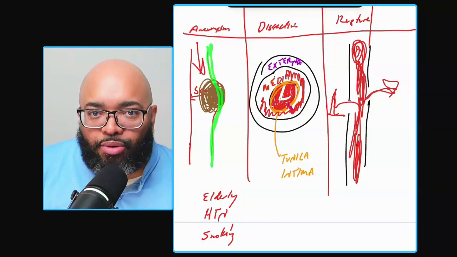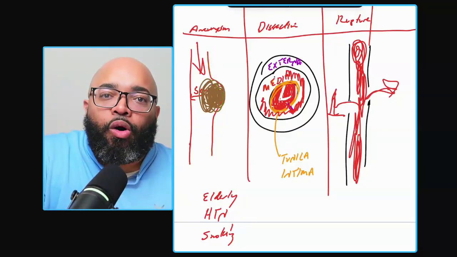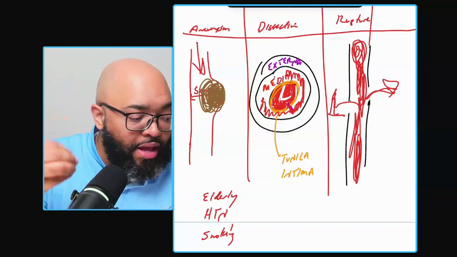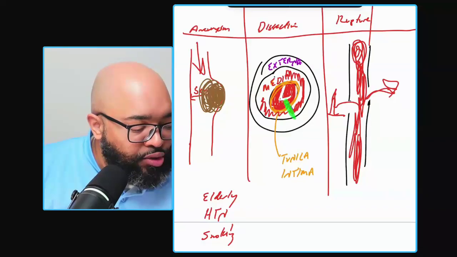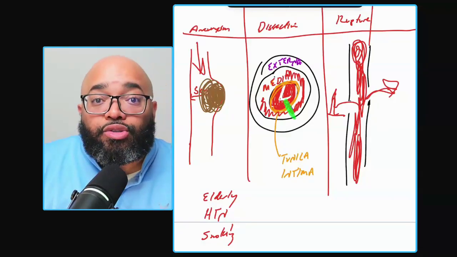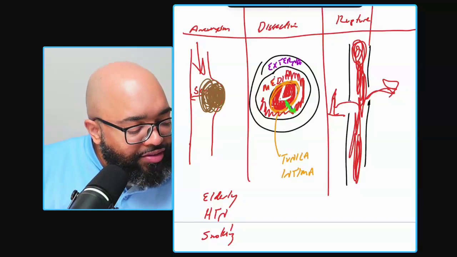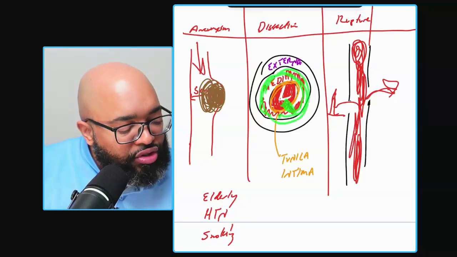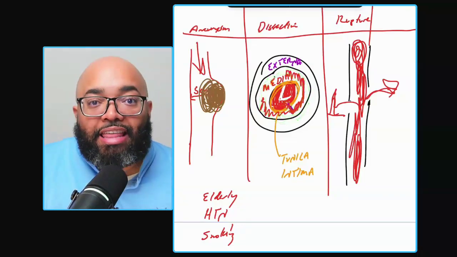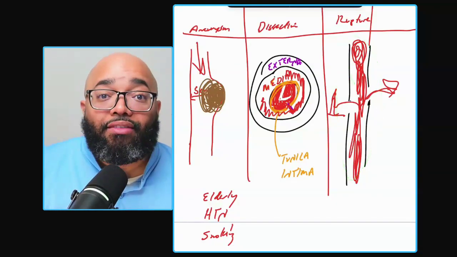Now the wall gets thinner because there's constant pressure on it, and as that wall gets thinner, it gets weaker. And as the wall gets weaker, the layers are likely to just dissect. And when you have the dissection, that's where blood leaks out from the tunica intima and leaks into other layers. And then if you keep having more pressure, the pipes just burst, and now you have an aortic rupture.